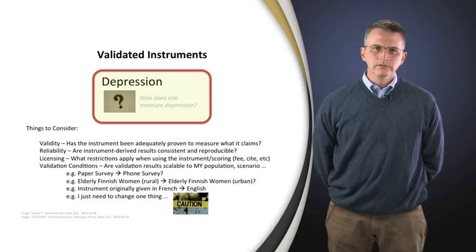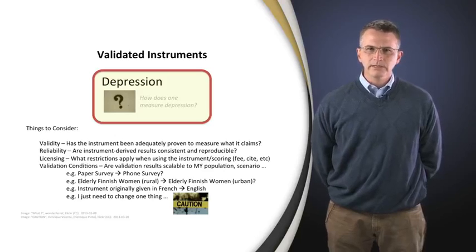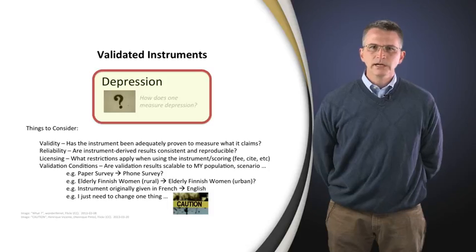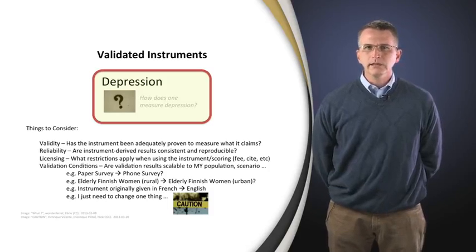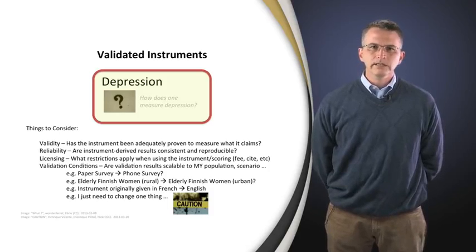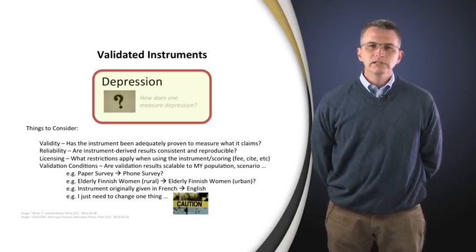If the study was in elderly women from Finland in rural conditions, and I'm doing the same type of study in urban conditions, is there something about that parameter, urban versus rural, that will invalidate the instrument? Maybe it was in a different language.